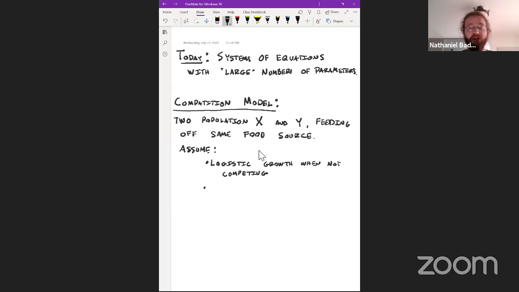And their competition is basically our standard competition: there's some probability that two animals will meet and come into competition, and some probability that if they do that, it will result in one of the animals dying.